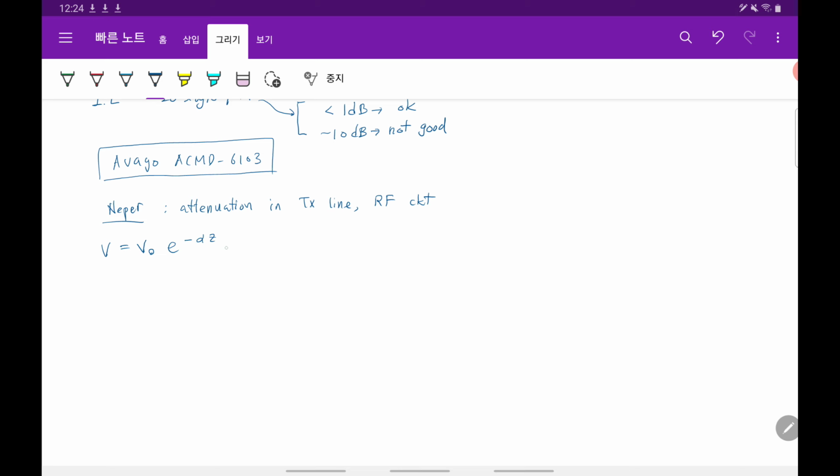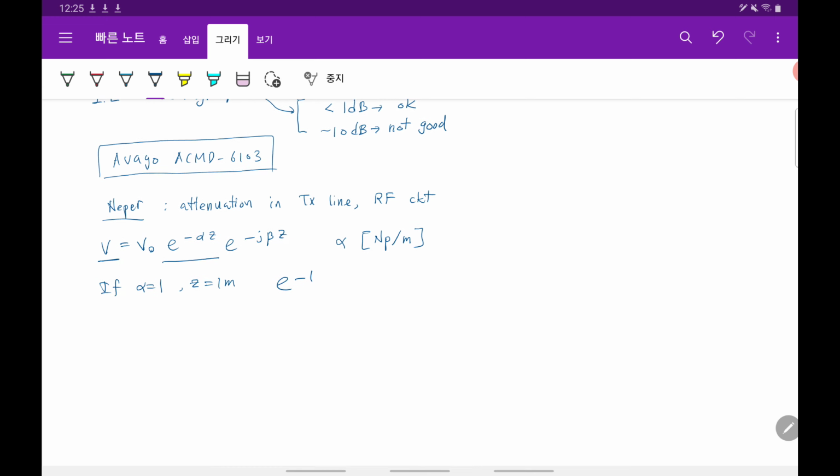If the voltage propagating in the plus z direction has attenuation, we have this term, right? So alpha is the attenuation constant, and the unit is Neper per meter, right? So if alpha is 1 and z is 1 meter, then we will have this term, right?